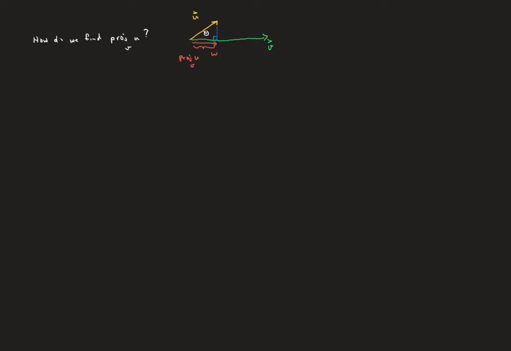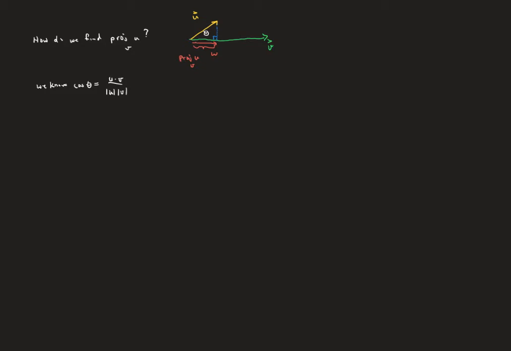Okay, let's see what we know. We know that the cosine of angle theta is going to be U dot V over magnitude U times magnitude V. Is that okay? So remember, V is the green and U is the yellow.